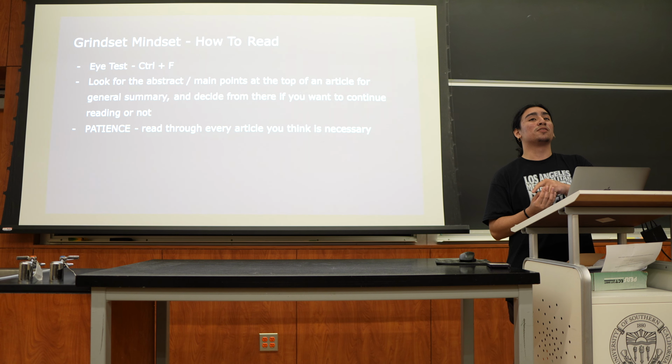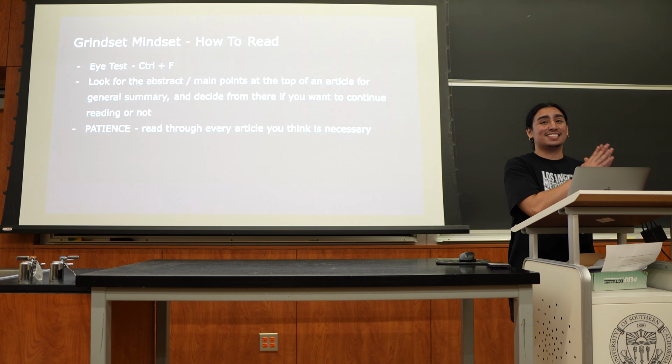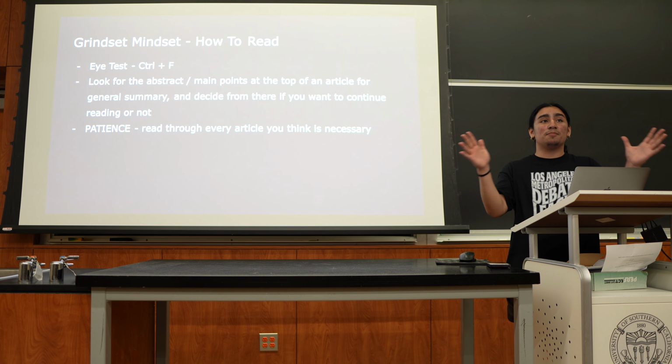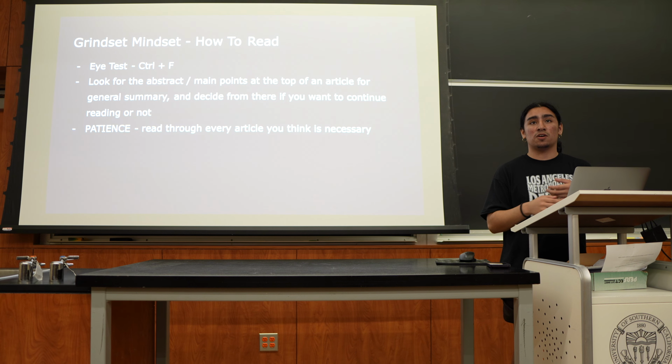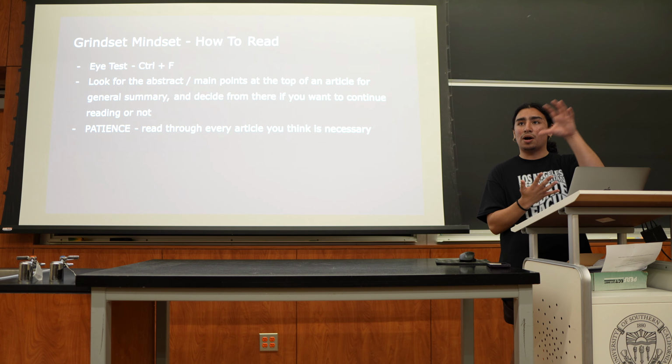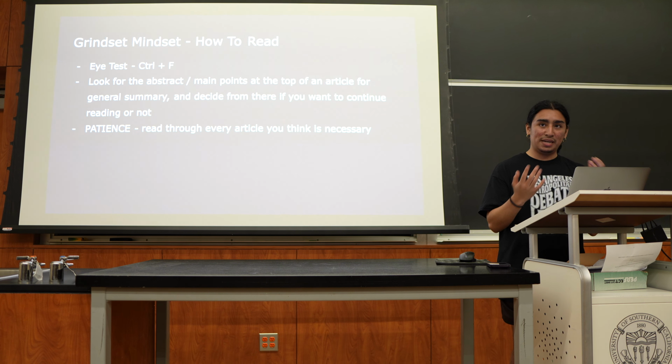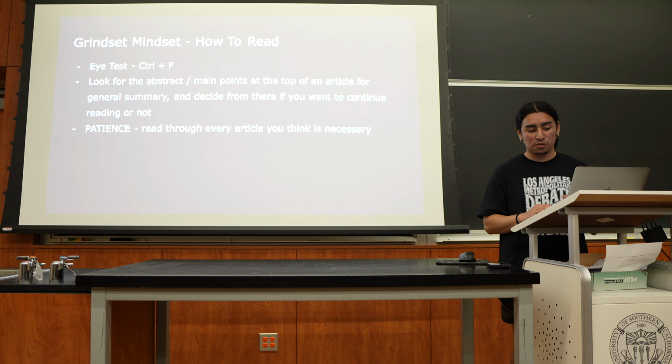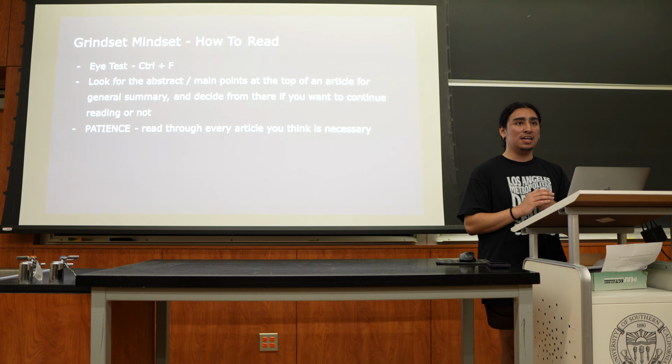And at the same time, there are certain articles that are going to take 6 hours to read, others that are 10 pages long and you can get through in 30 seconds because you're already familiar with the topic. It all depends at what pace and at what process you are at learning these things. So patience is key. Read through every article you think is necessary, right? If it takes you a long time to read it, it's going to take a long time to read it.